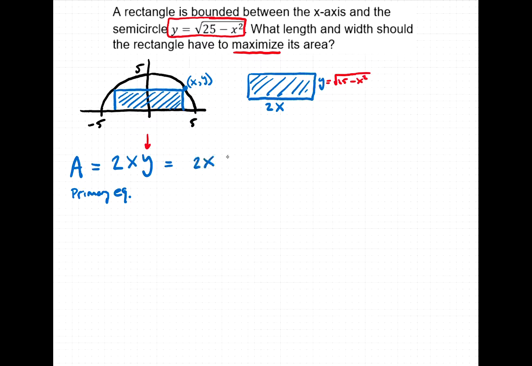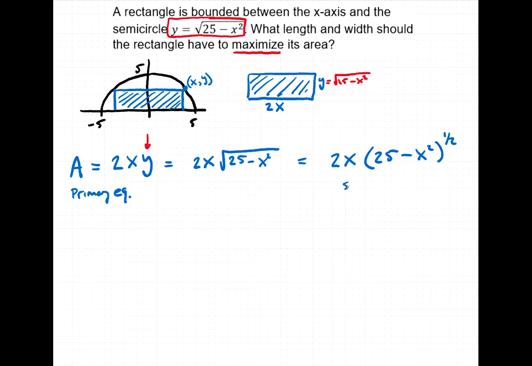So 2x, which is the base, times the square root of 25 minus x squared. Or I don't like using the square root sign, so let's say 2x times 25 minus x squared to the 1/2 power.